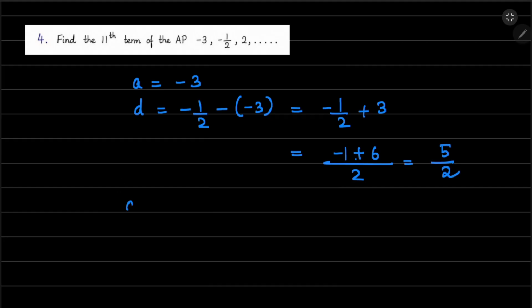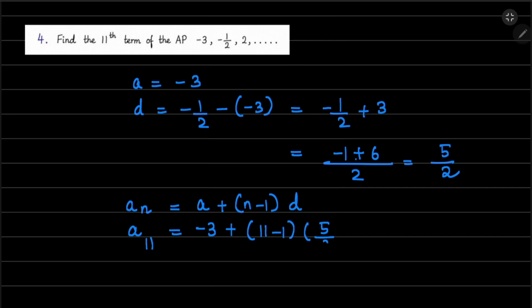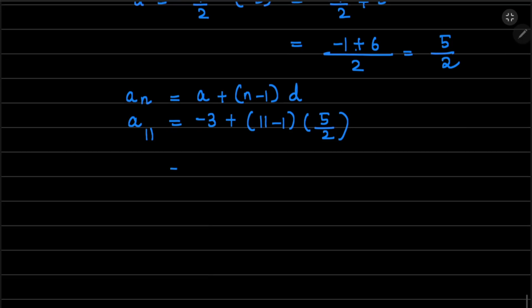So write the formula of the nth term. An is equal to A plus n minus 1 into D. So therefore, you are asked to find the 11th term. So A11 is equal to A, which is -3 plus n is 11 minus 1 into D. What is your D? It is 5/2. So just solve it. -3 plus 10 into 5/2.